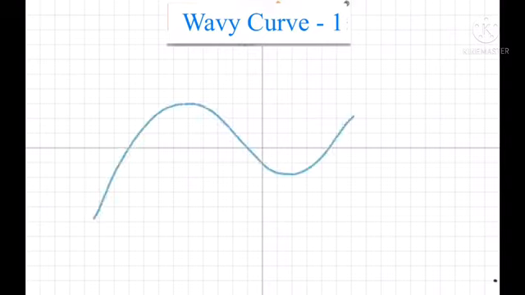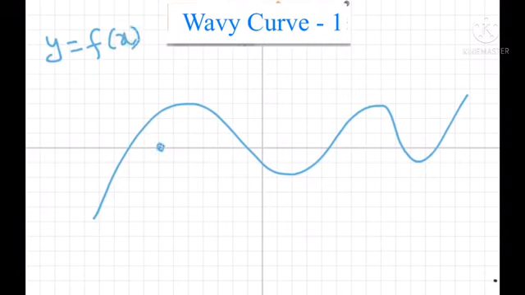Move to the next one. Again I'll insert a graph paper here, a coordinate grid. Now let's suppose I give you a graph. This is very important, students, please pay attention. If I draw a random graph like this, and say this is the graph of y equal to f(x), a function of x, and I ask you at x equal to this point, the coordinate of this point is minus 7.